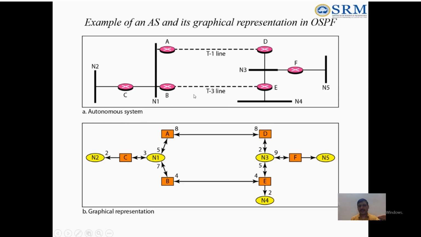This autonomous system is also given as a graphical representation, showing how we can connect with multiple routers. If I want to pass information from one area router to the next area router, we have seen the four types of links, and it will choose any one of them and follow that path.